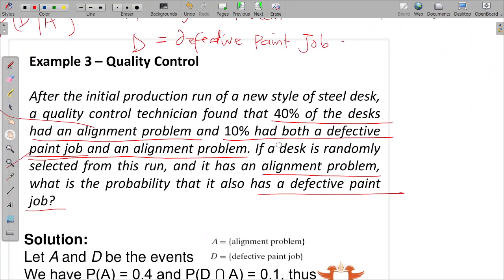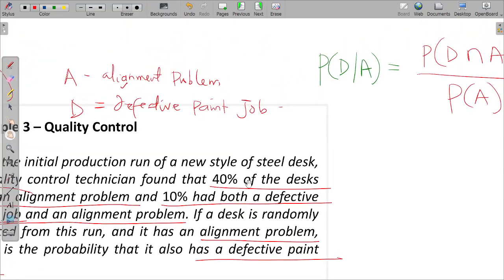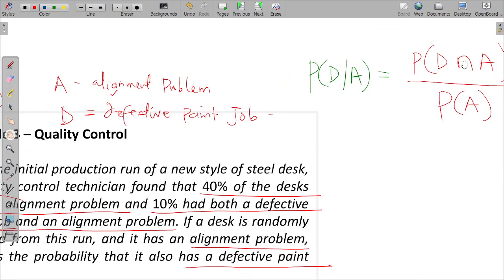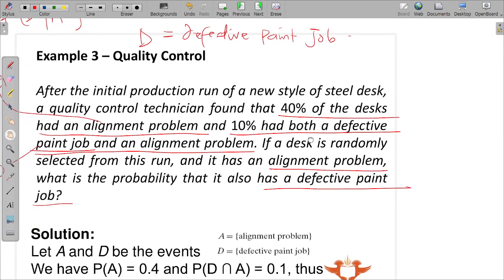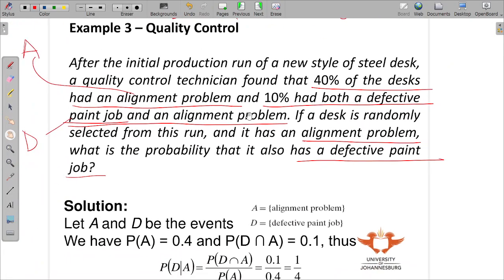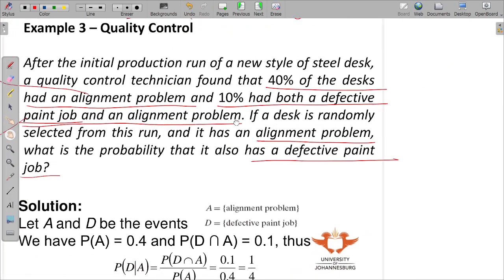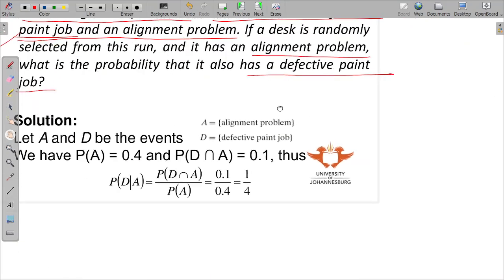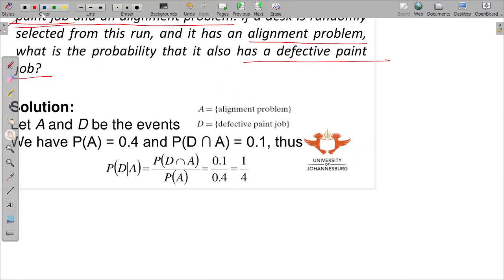This intersection is for the 10% because 10% are both defective and misaligned, and the probability of A is the 40% that we have. Then we just use the formula to get our answer.